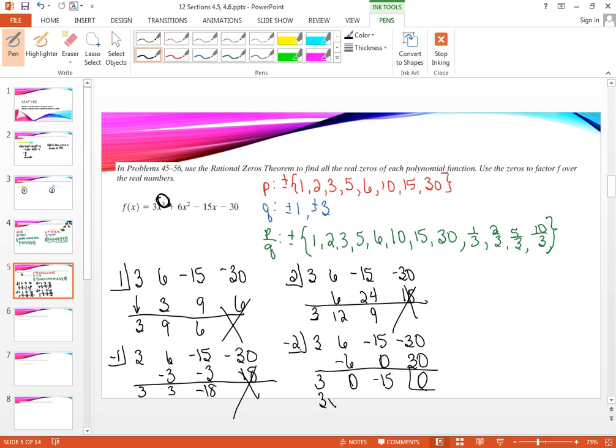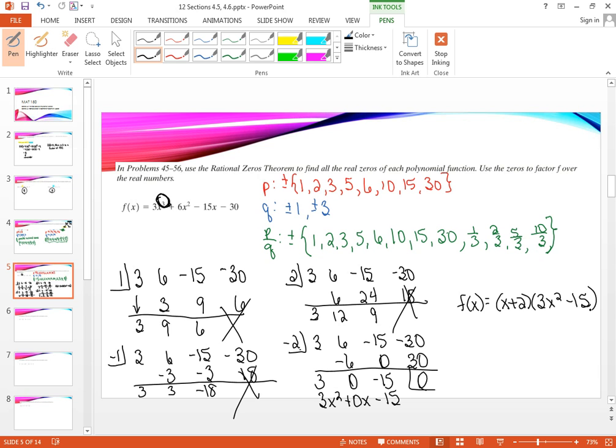So 3x squared plus 0x minus 15. If we wanted to write f of x in factored form, so far what we've got is x plus 2 times the quotient 3x squared minus 15.